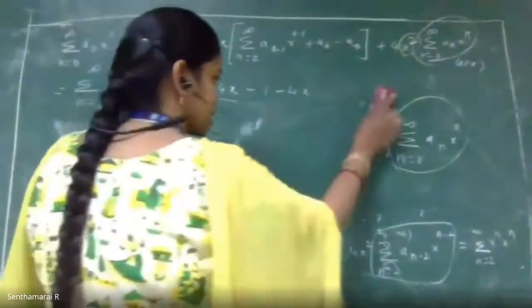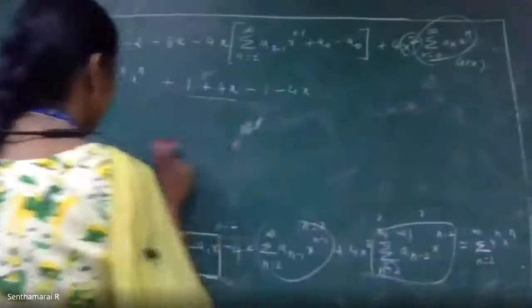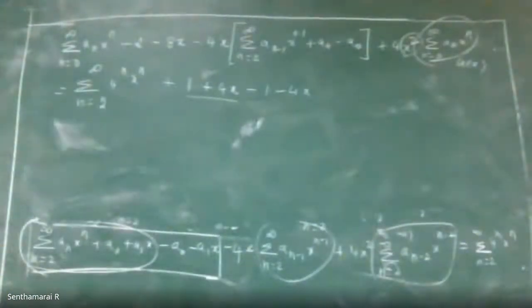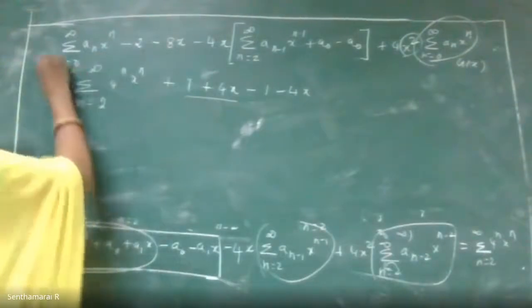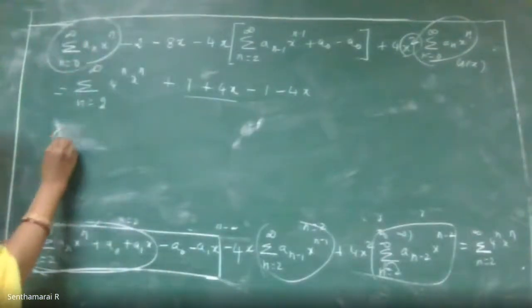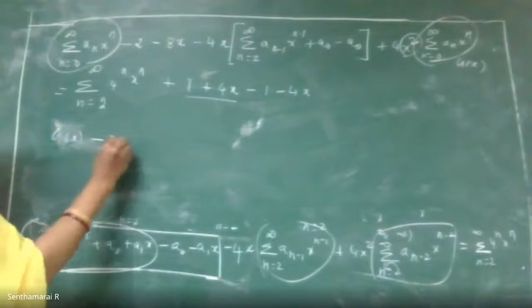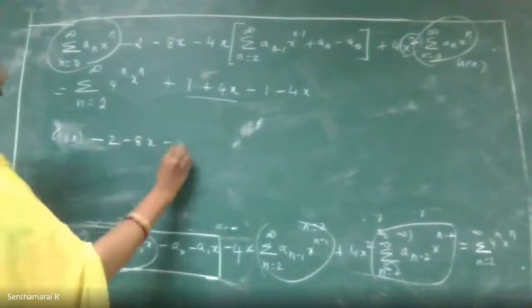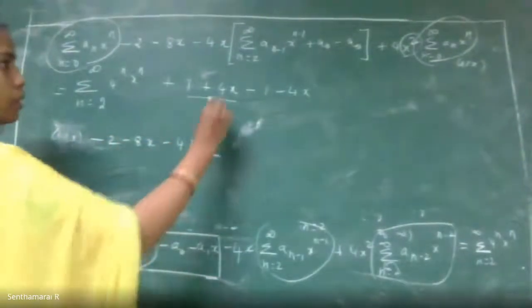Now it is clear. Is it clear now? Shall I proceed? Now I added, subtracted, and multiplied, and all are done. Now you see this is nothing but g of x minus 2 minus 8x minus 4x into this.